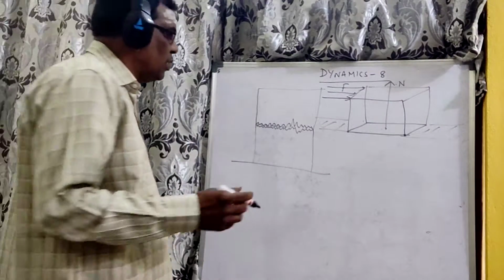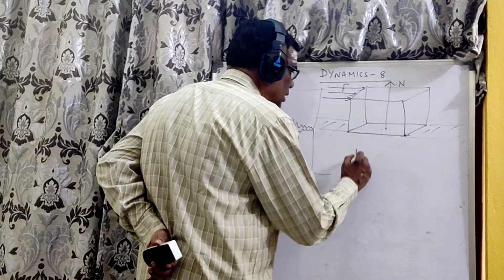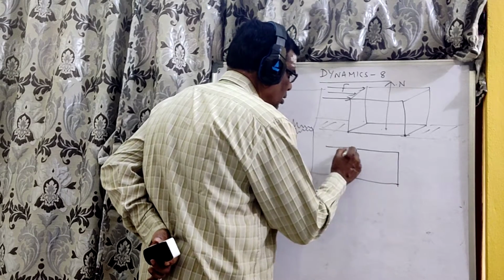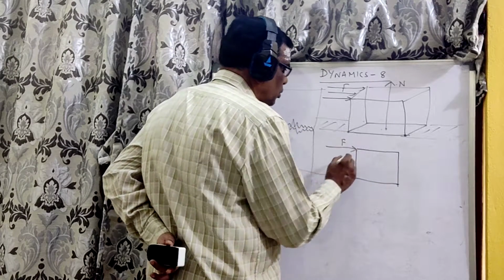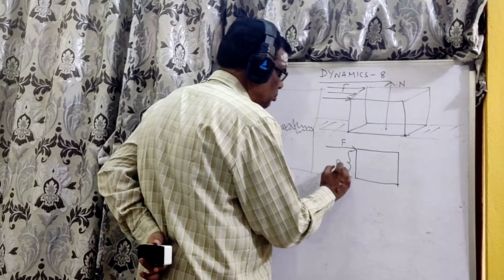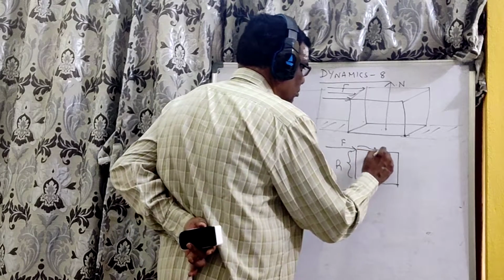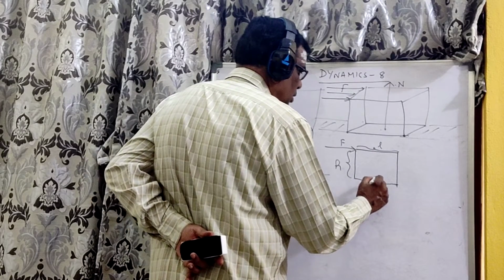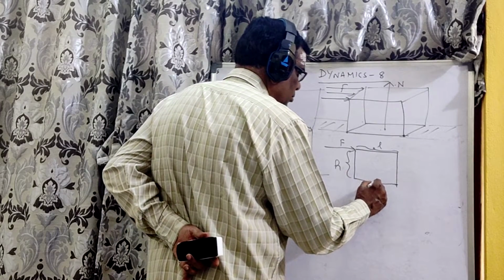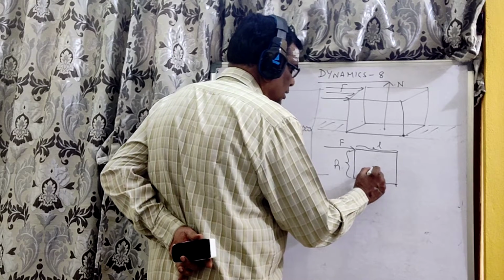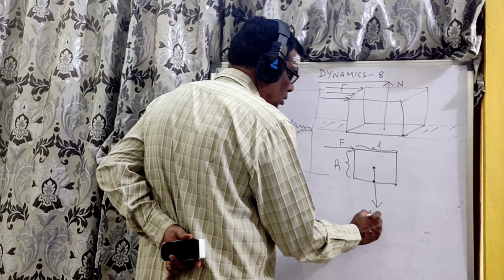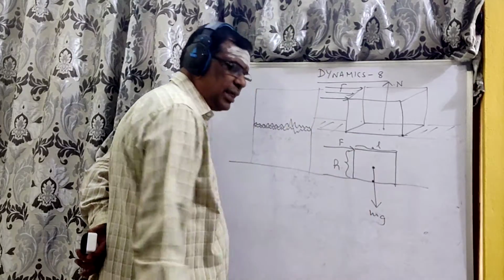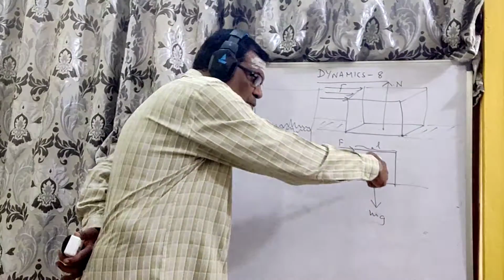Okay? Now, I'll just do that. This is where I am applying the force. I am taking this point to be H. This is L. Okay? Now, this is the center. Now, at the center we know if the surface is horizontal, mg acts vertically down on the body.